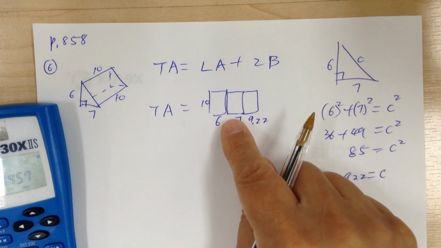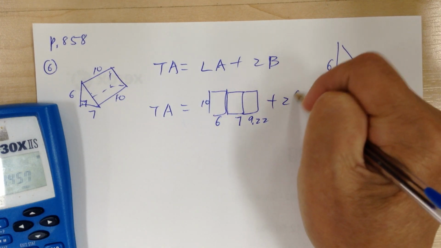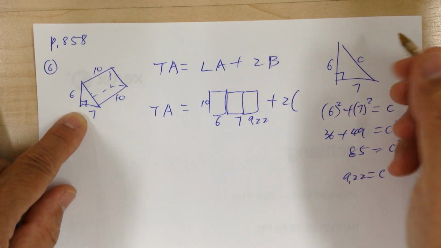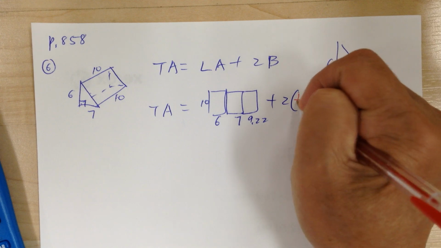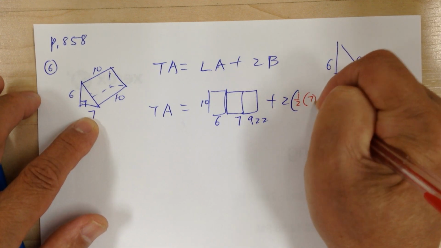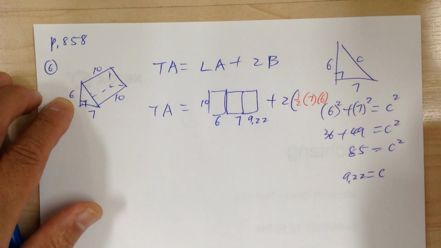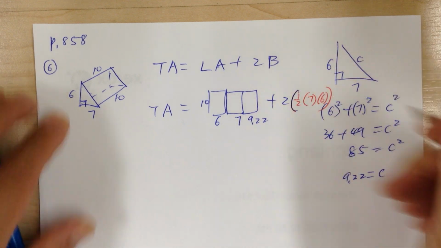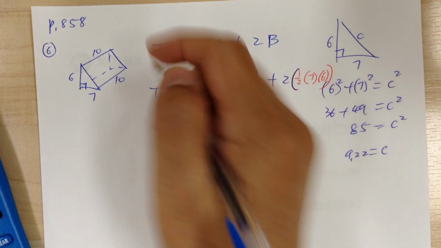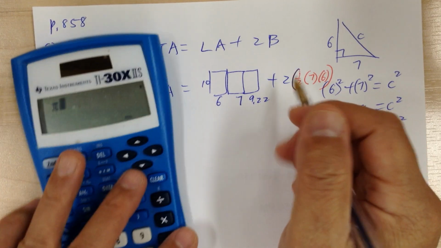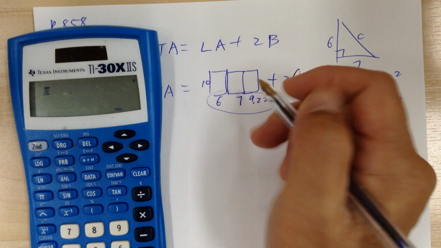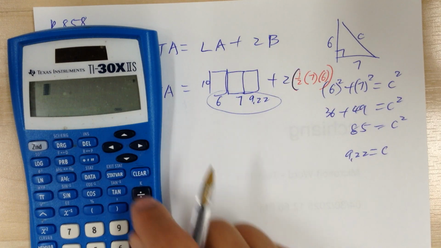So that's the lateral area, plus the 2 times base. Well, this is a triangle, so area would be 1/2 base times the height. Okay, so now we're ready to add everything together. So total area equal to, use your calculator. So I'm going to add all this together to get a total base.